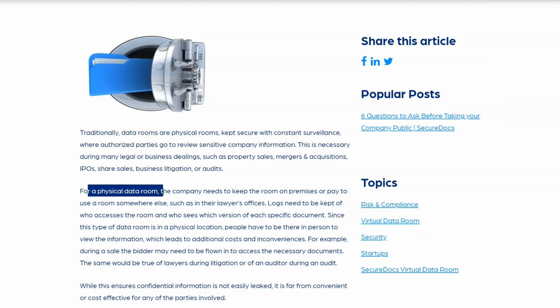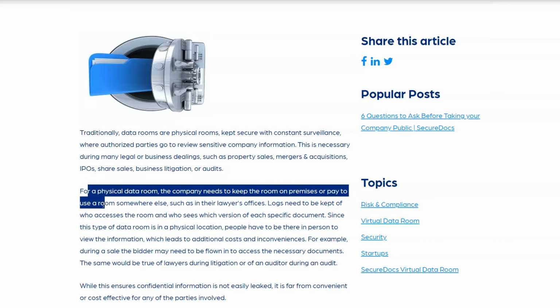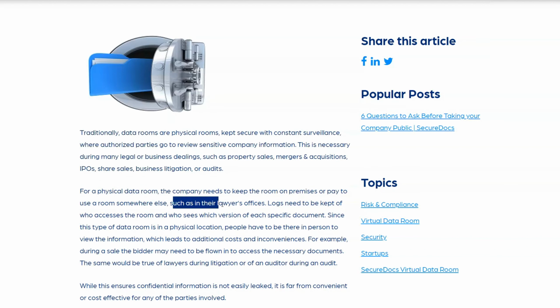For a physical data room, the company needs to keep the room on the premises or pay to use a room somewhere else, such as in their lawyer's office.